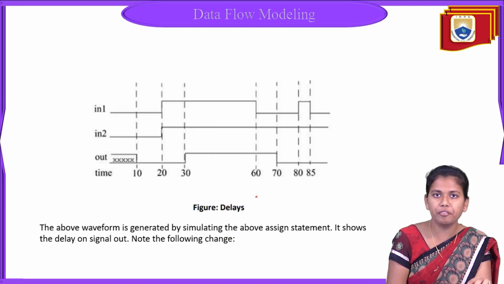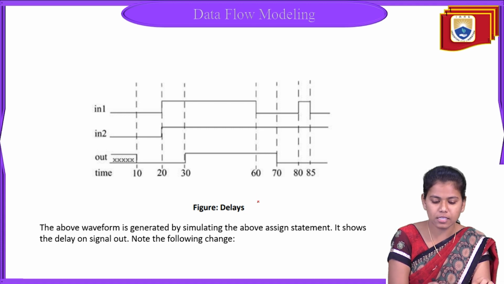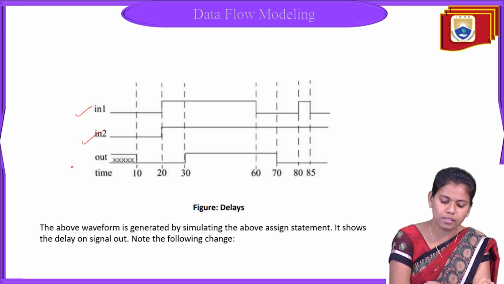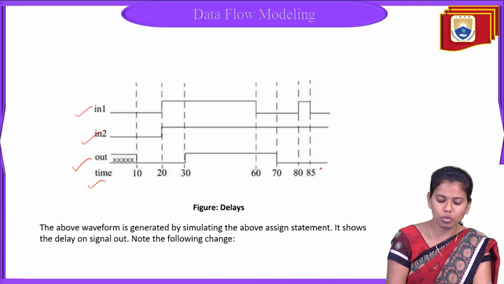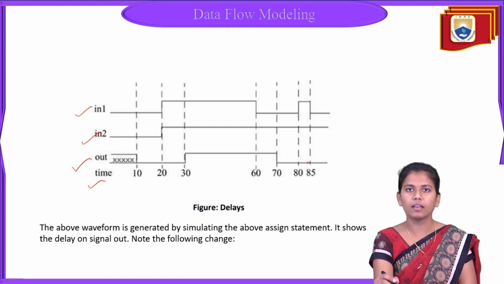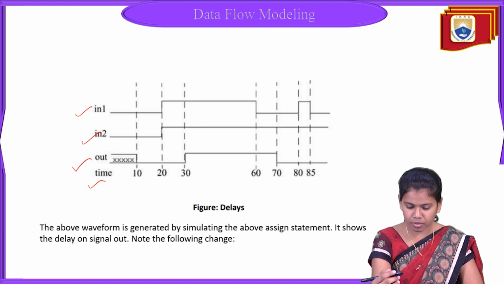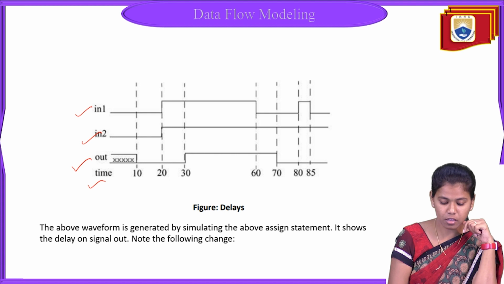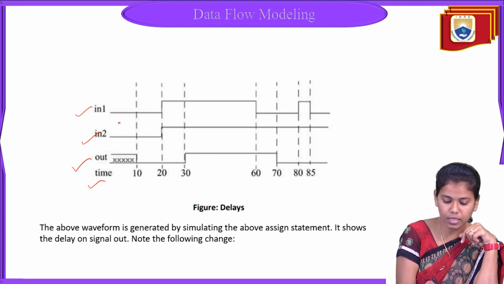This is a figure pertaining to the delays. Here I'm observing input 1 and input 2, and this is the output, with the times marked 10 nanoseconds, 20, 30, 40 and so on. This is generated by simulating the above assignment statement. It shows the delays on the signal node, signal out.